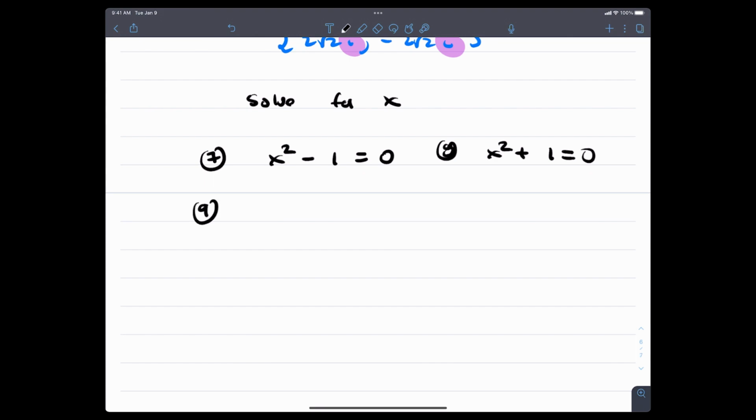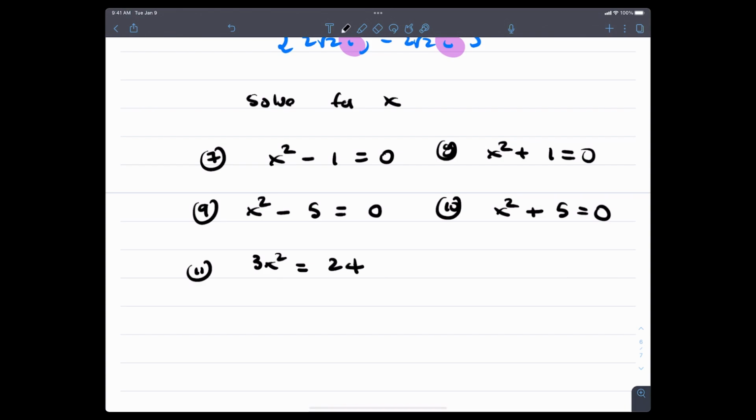Number 9: x squared minus 5 equals 0. And then x squared plus 5 equals 0. How about this? 3x squared equals 24.